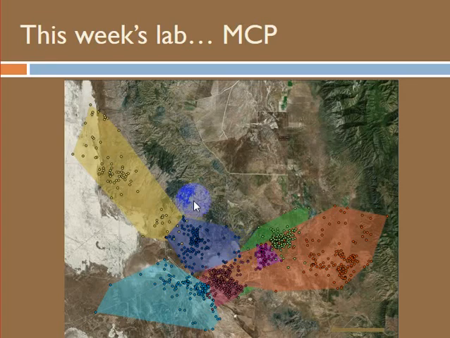This is what your data will look like when you calculate MCP, or minimum convex polygons, from your data sets. So each one of these is a different animal. I just symbolized this coyote's point locations with its MCP polygon in the same color so it was easier to visualize.